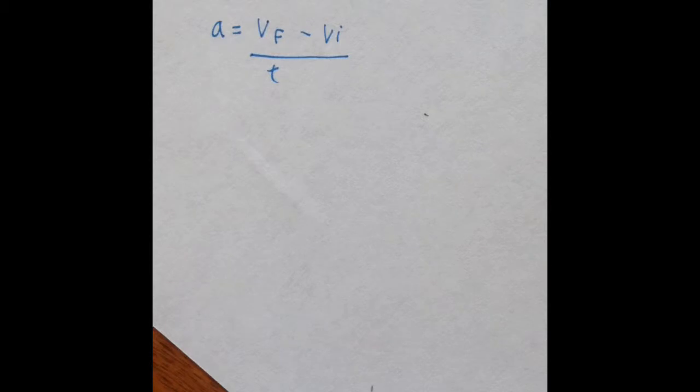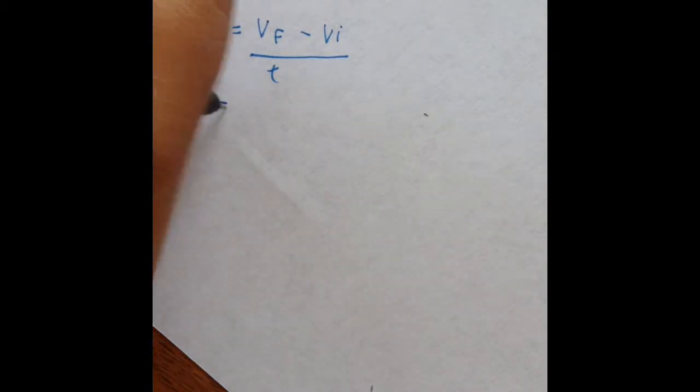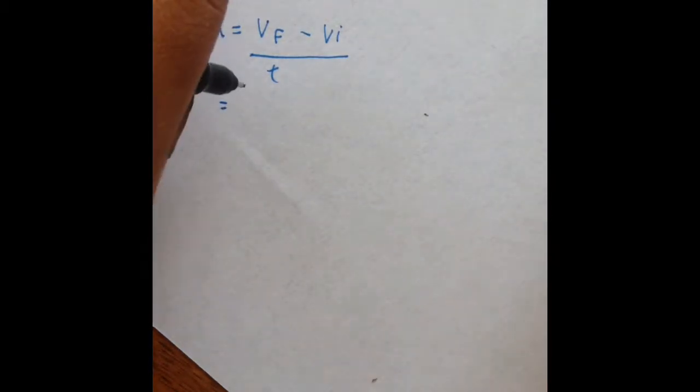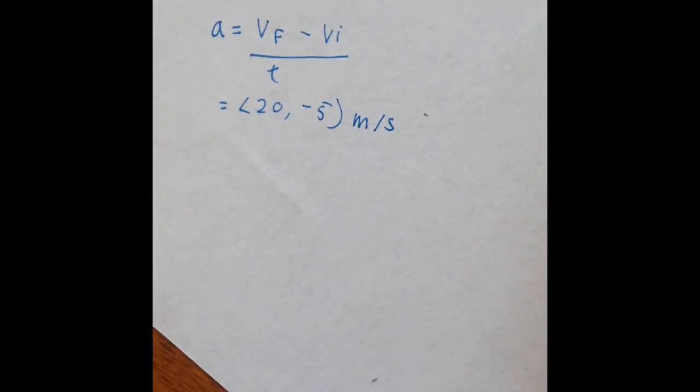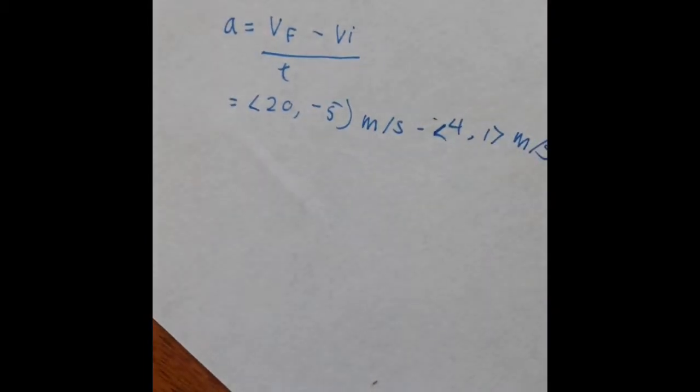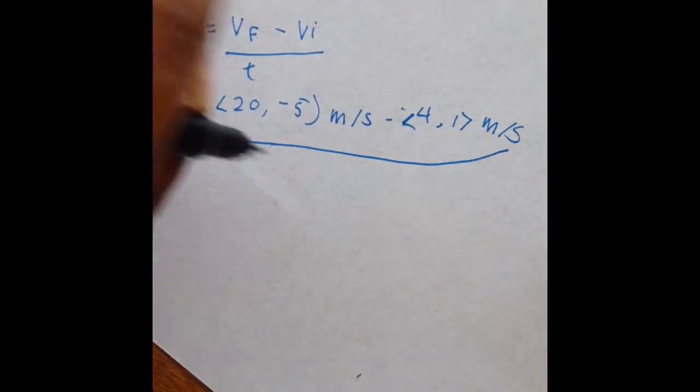And then when you substitute everything in, you can substitute in the final velocity which you're given, which in this case is 20i minus 5j meters per second. And you subtract the initial velocity, which is 4i plus 1j meters per second. And that's all divided by your time, which is 20 seconds.